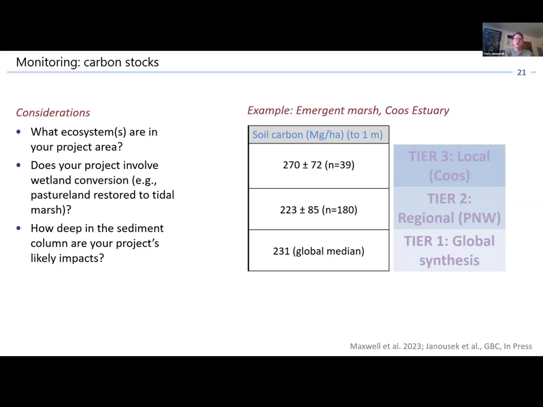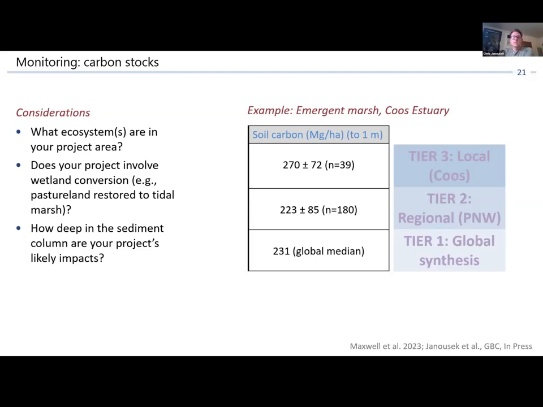And how deep in the sediment column do you think your project's impacts are likely to be? If you're restoring a site, you may be really focused on the surface layer, the new carbon that's coming into the system. If you're worried about a degradation of an existing wetland, for example, you may want to know the carbon situation in the top meter of the sediment column, because effects of that wetland degradation could extend quite deep.